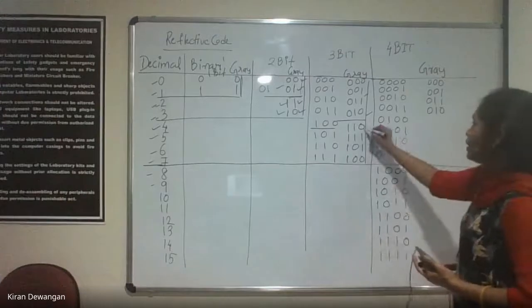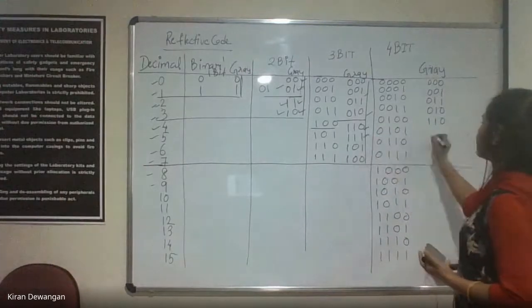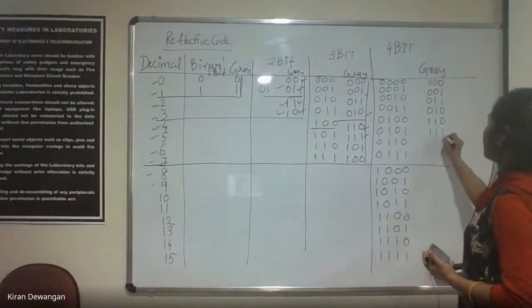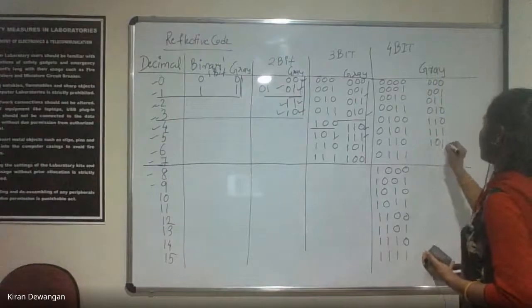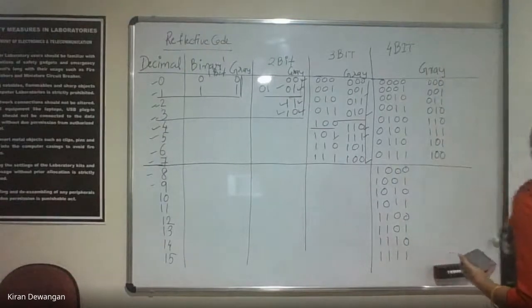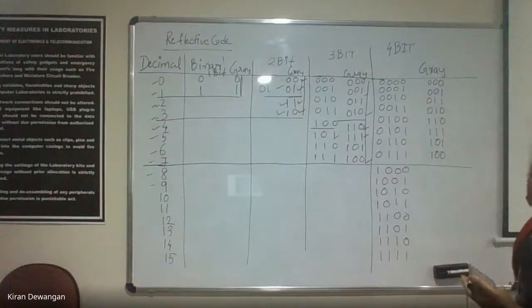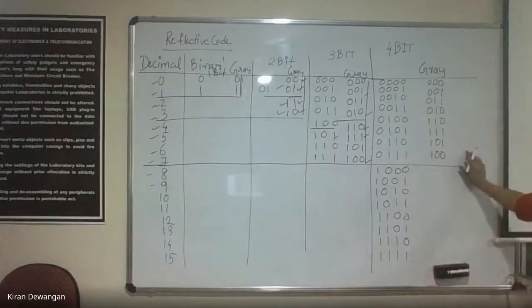Clear? Now we'll write this one: 1, 1, 0. Then this 7, sorry, 1, 1, 1. It is a code of 5. Then 1, 0, 1. Then 1, 0, 0. So we have written as it is. The 3-bit code that we had, we have written as it is.